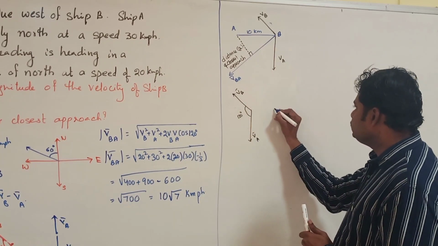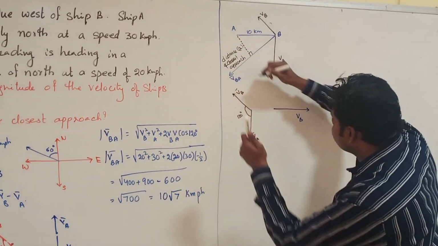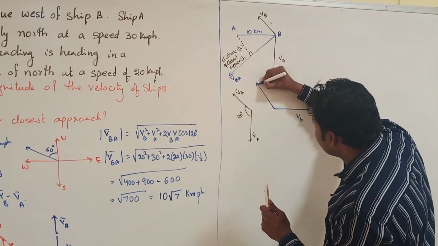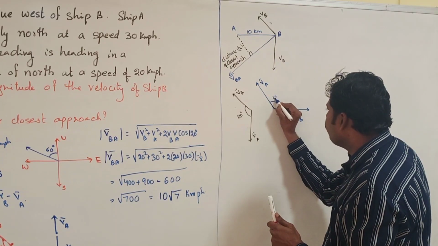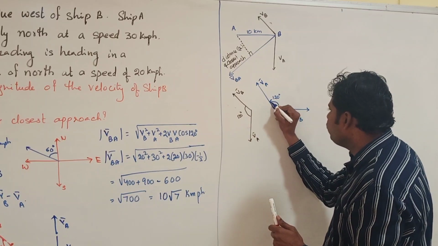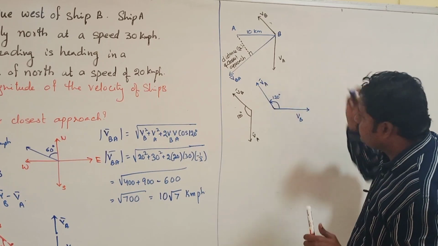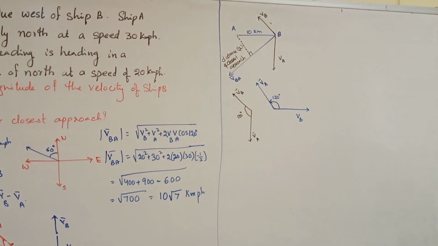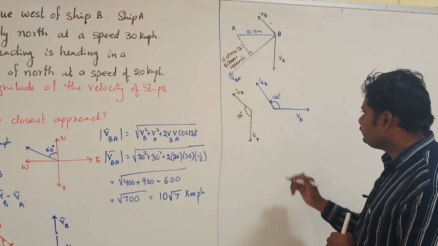VB is shifting here, then this is the VA vector, so the total would be 120 degrees, no issue. If you transform this completely, no problem with that, we can solve it anyway. So let us categorize into components. Anyhow, we need to find the resultant vector here.